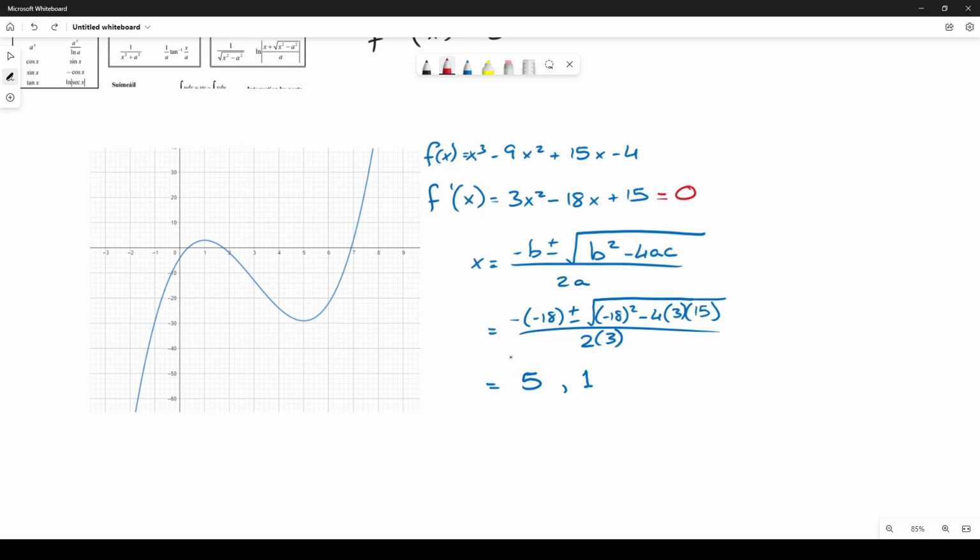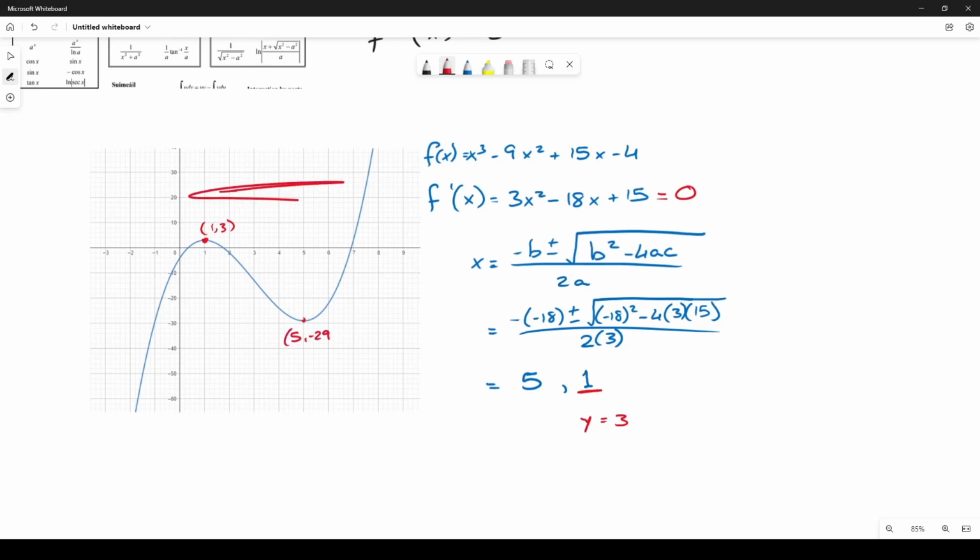You get 3. So if you subbed in 1 for the x, you'd get 3 as the y, which makes sense, because it looks like it's at a height of 3. So the coordinates would be 1 and 3. And when you do it for the 5, I think I remember it being minus 29. So down here you'd end up with the point 5 and minus 29.